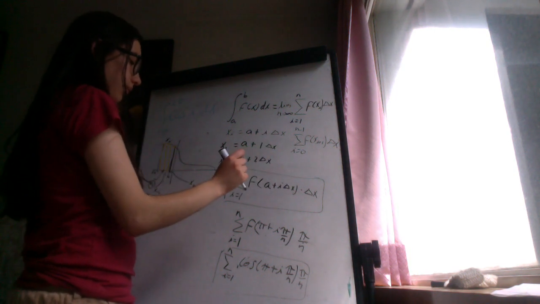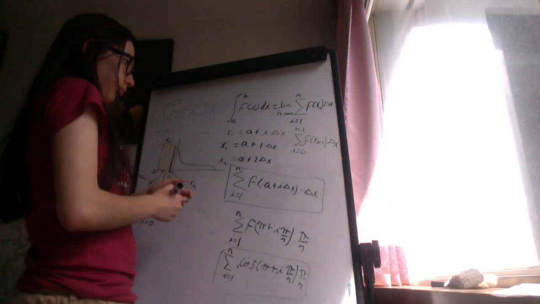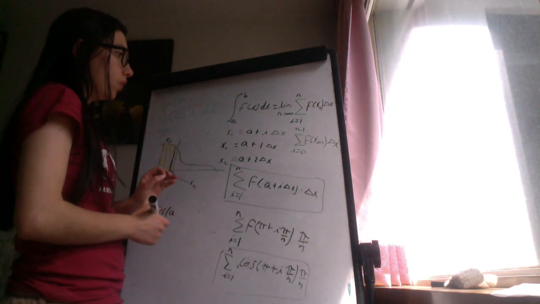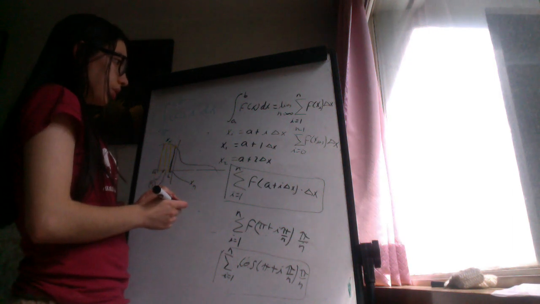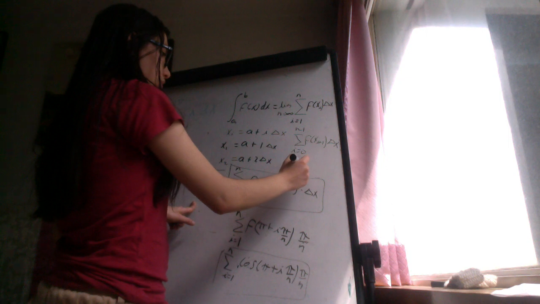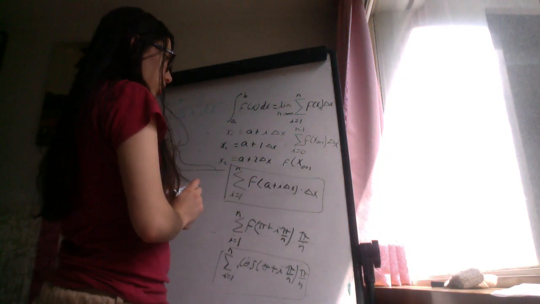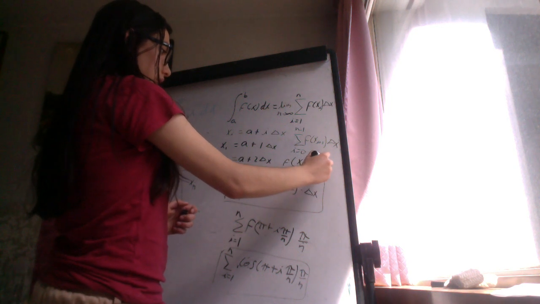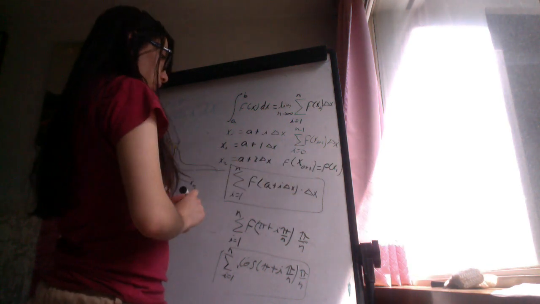So first, when i is equal to 0, we would have f of x sub 0 plus 1, that is f of x sub 1.